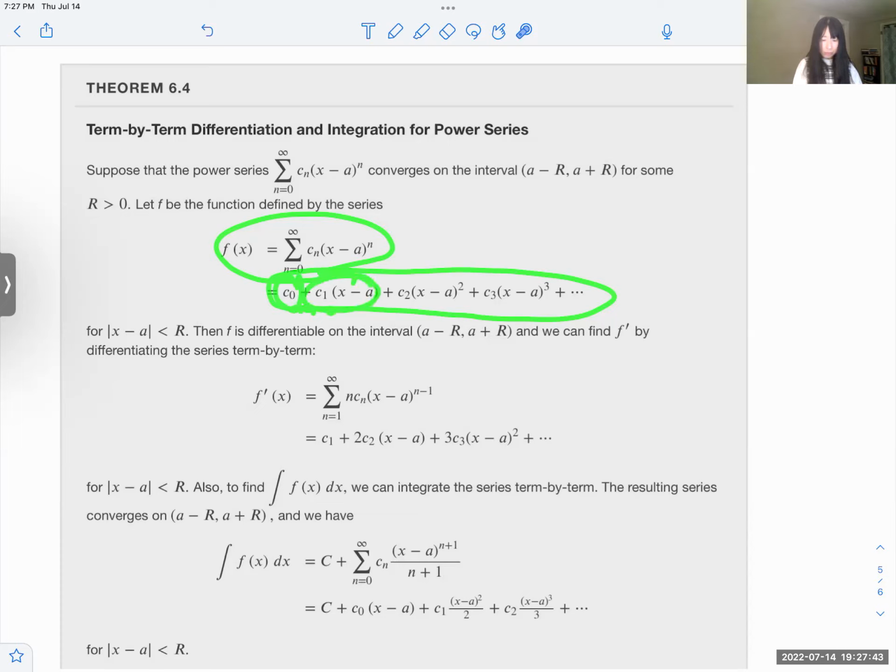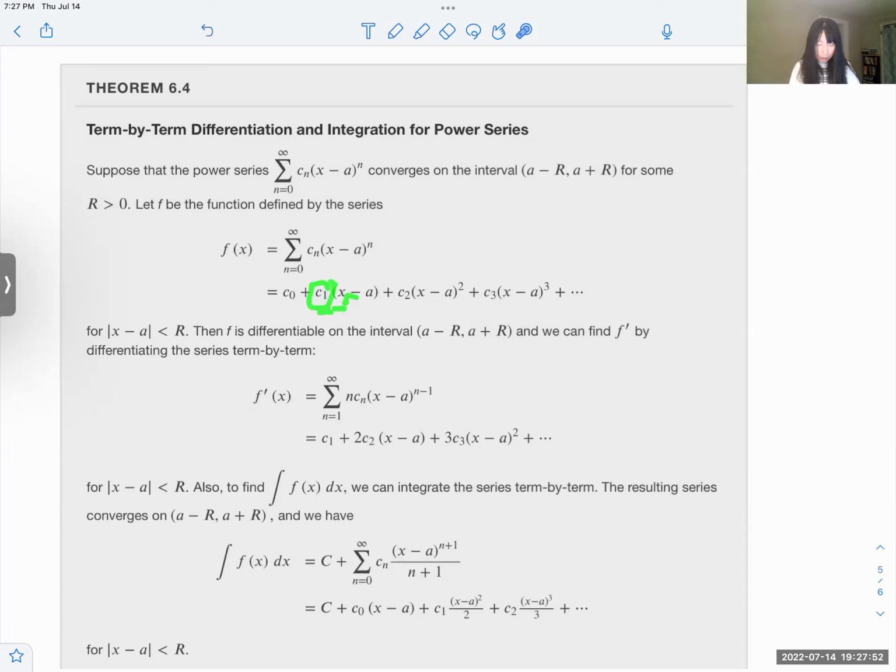Second term, we get a constant, because x. Second term, we get x squared, so 2 times C sub 2, right? And then whatever they have. And the third term, we drop the power, so 3 C sub 3, and then this one, okay?